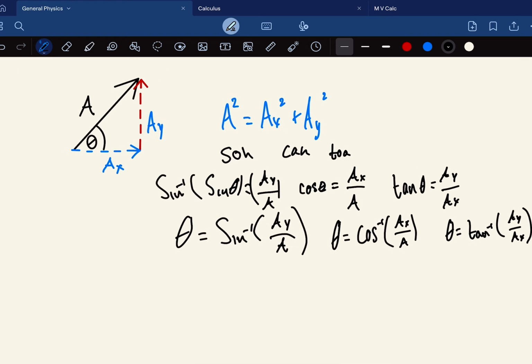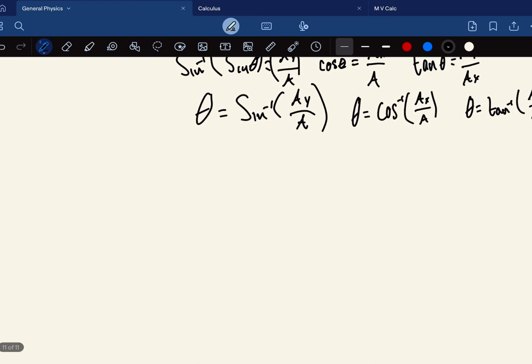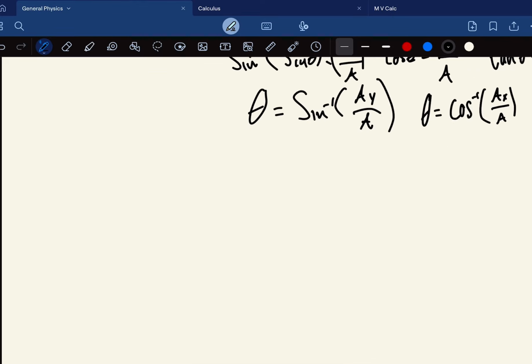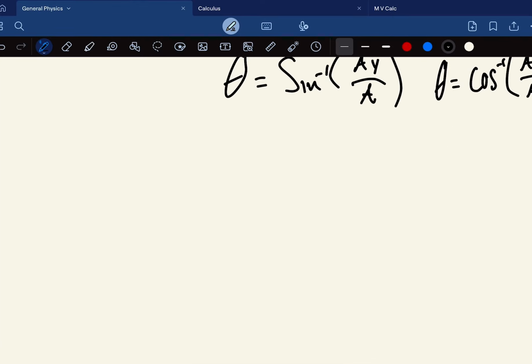Now, let's say I give you a vector which is composed of a horizontal component, which is due east. And let's say that this is a velocity vector, and this is going 5 meters per second.